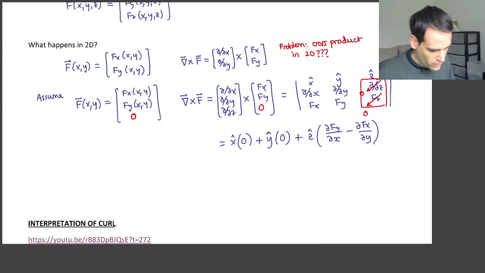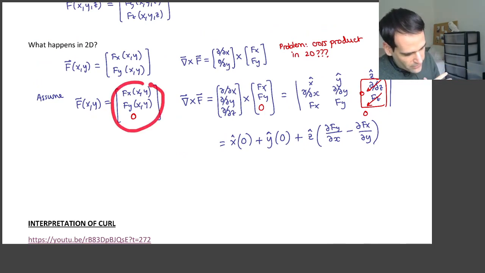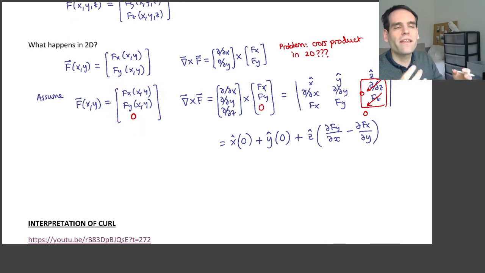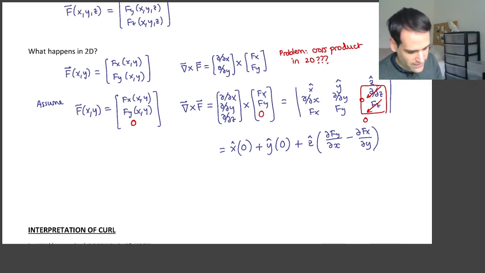Okay, so you notice that when we do the curl on a two-dimensional vector, we do this trick of assuming that in reality we are working with a three-dimensional vector, but we are assuming there's no z component, and we are assuming that the vector field does not depend on the z axis. Okay, let me visualize this. So our situation 1 and our assumption 2.